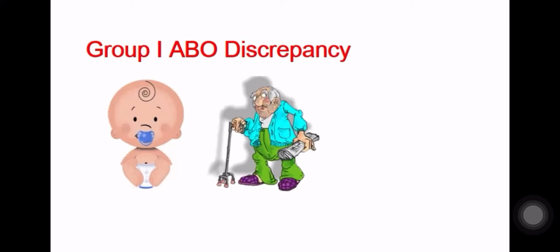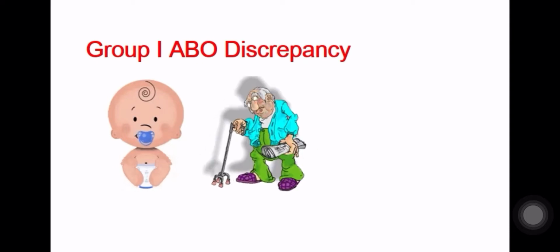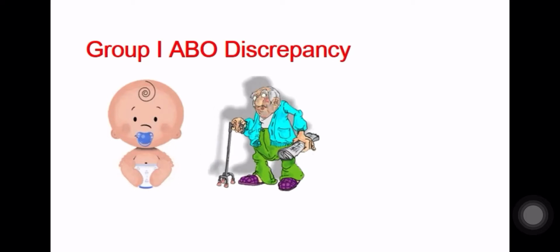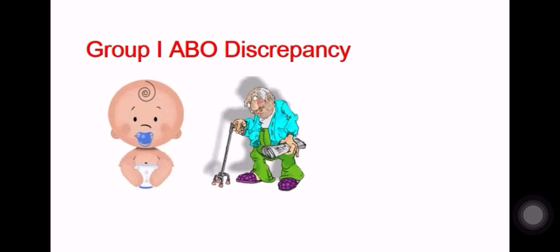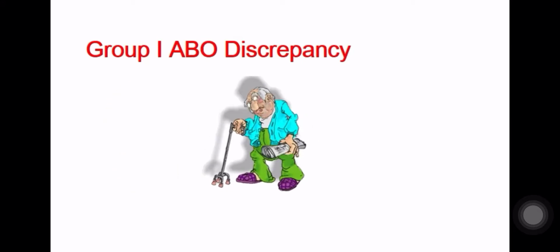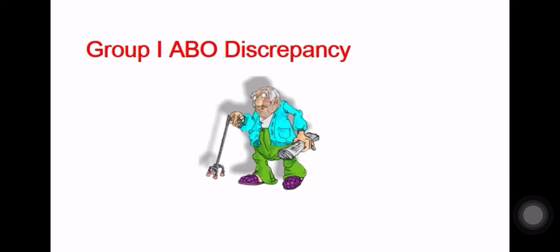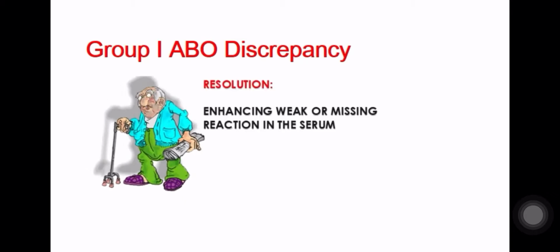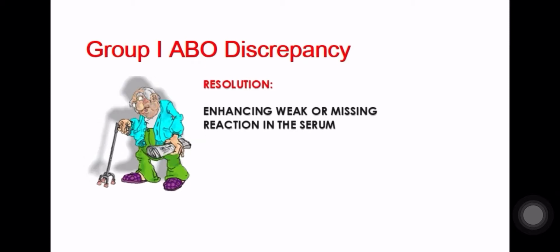Now, if the history naman indicates an elderly individual or the diagnosis indicates hypogammaglobulinemia or for immunosuppressed patients, then the best way to resolve this discrepancy is to enhance the weak or missing reaction in the serum. Paano po ba ine-enhance yung weak or missing reaction in the serum?